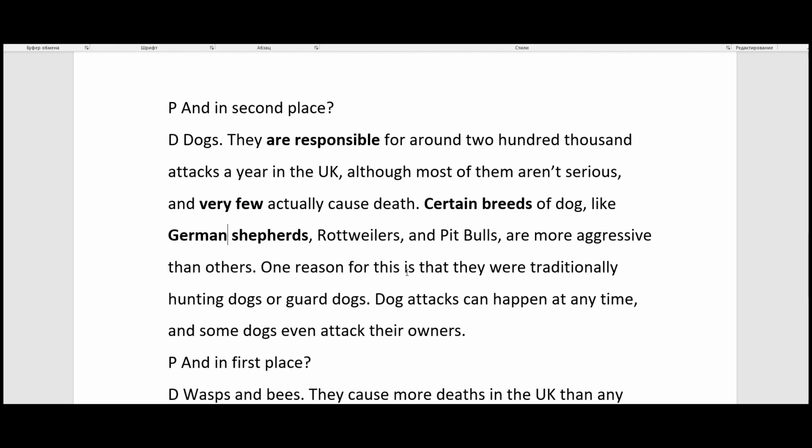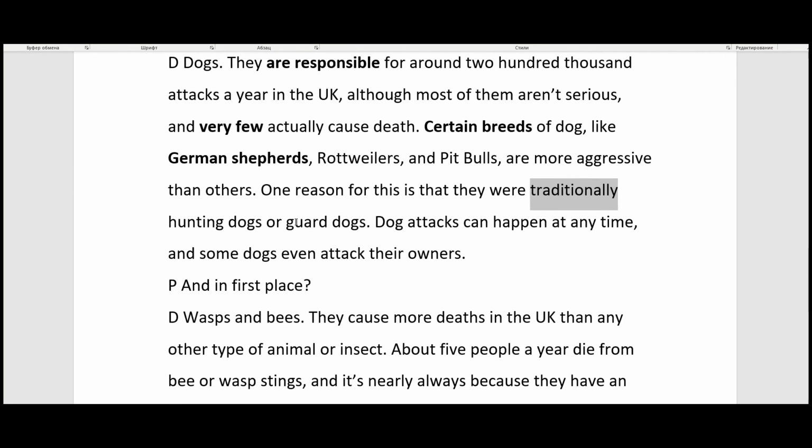Одна причина для этого то, что они были изначально, traditionally, охотничьими собаками или собаками-охранниками. Guard dogs — это собаки для охраны. Собачья атака может случиться в любое время, и некоторые собаки даже атакуют своих владельцев. То есть owner of the dog — это владелец.